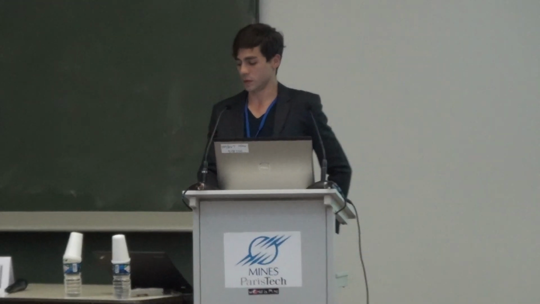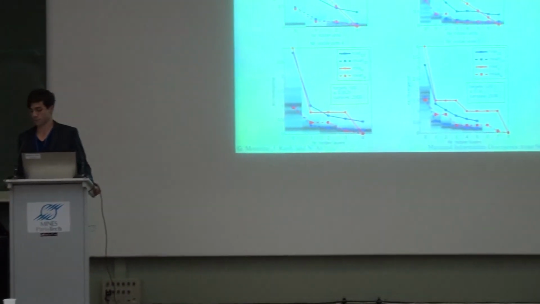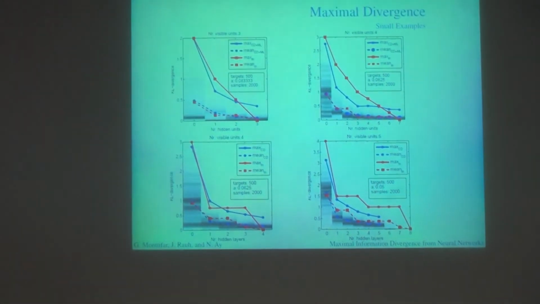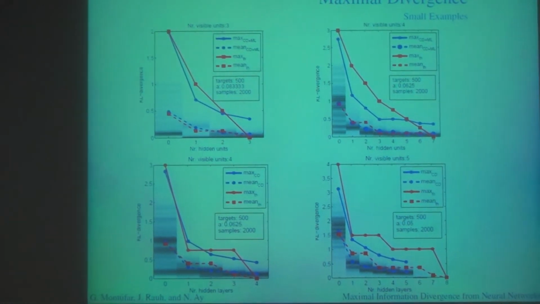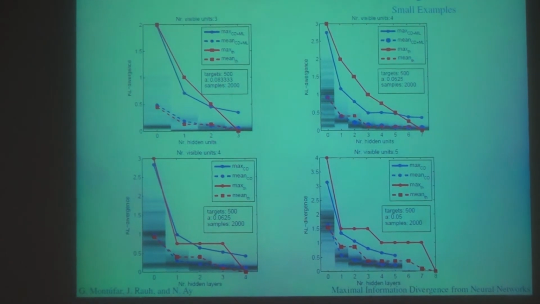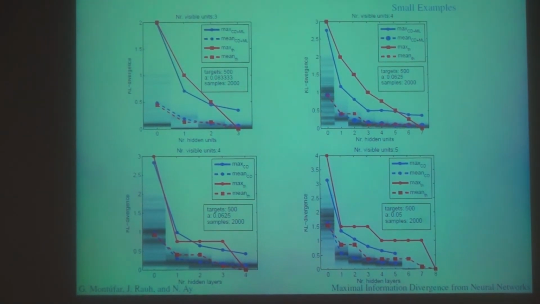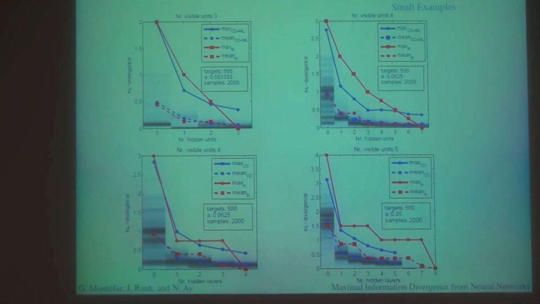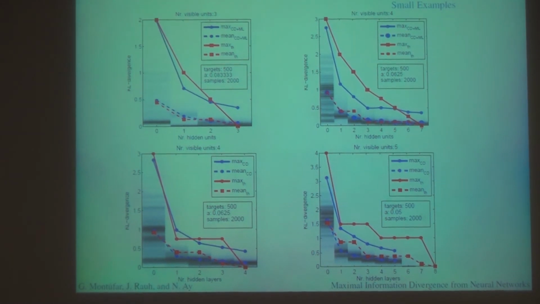Now, for validating these results empirically, there are many difficulties, mainly because if you have a big neural network and you try, for a given set of parameters, to tell what probability distribution it is actually representing, that's very hard, because you have to normalize the distribution.